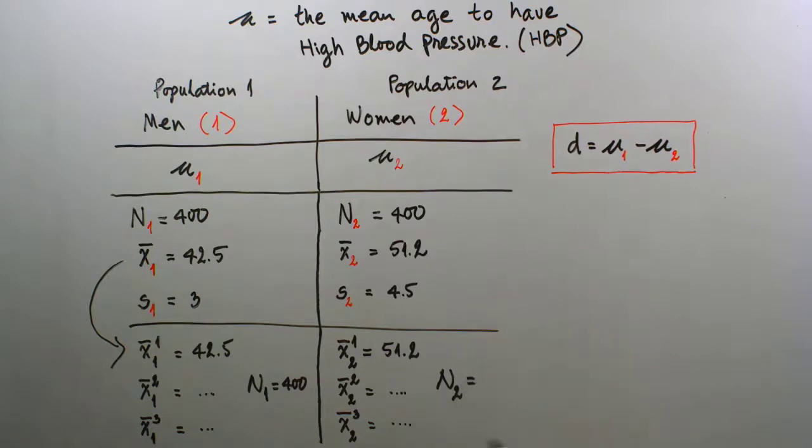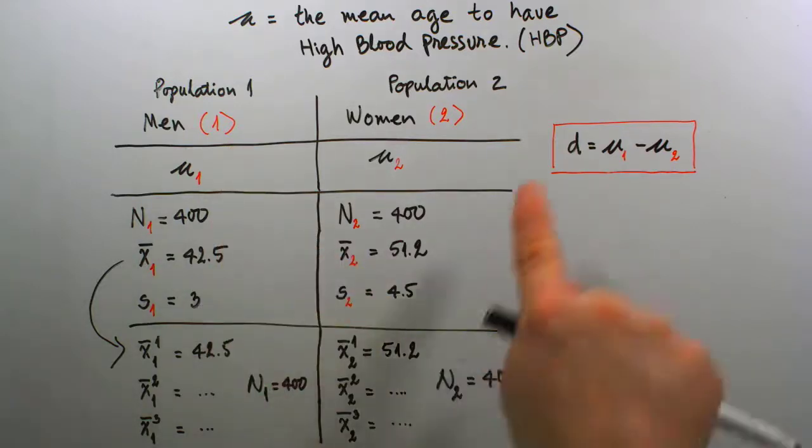We call the sample size n2 equals 400. So if this first sample was at sample size 400, and we pick a second sample from population 2, then it has to also be 400. So n1 and n2 is more about what sample size we decide to pick from each population correspondingly.